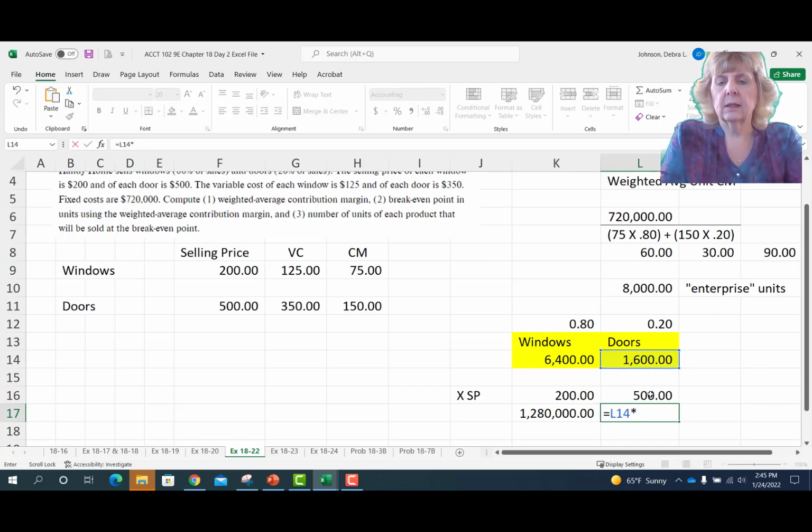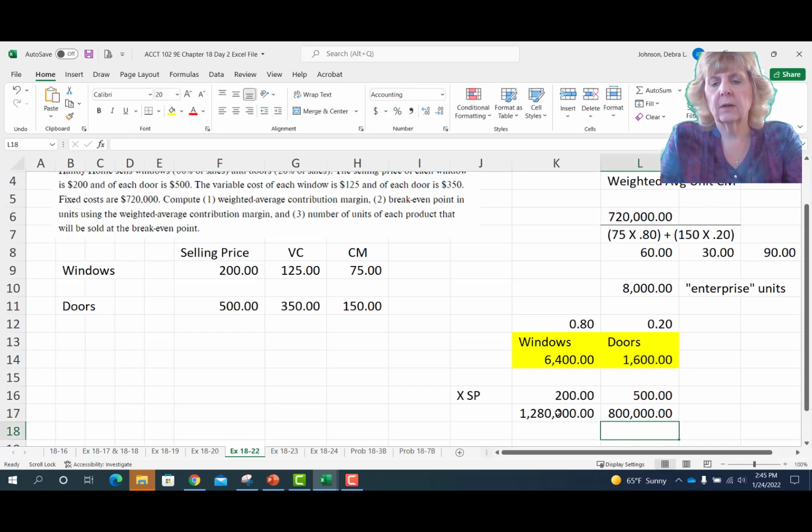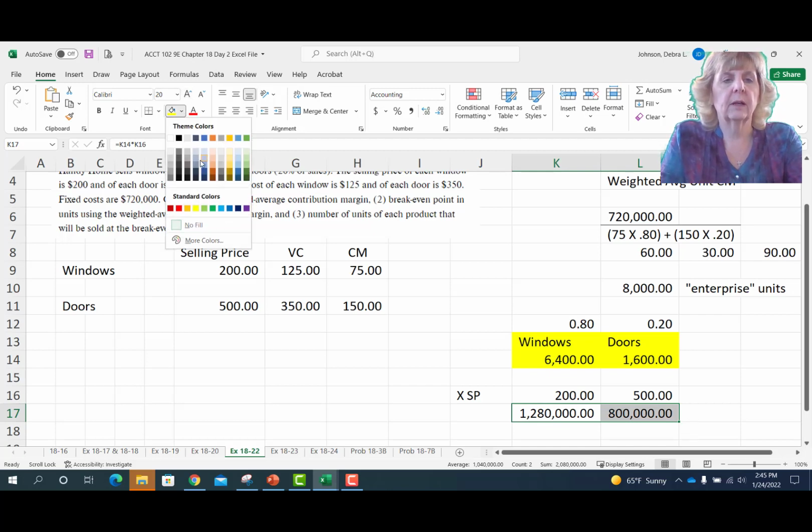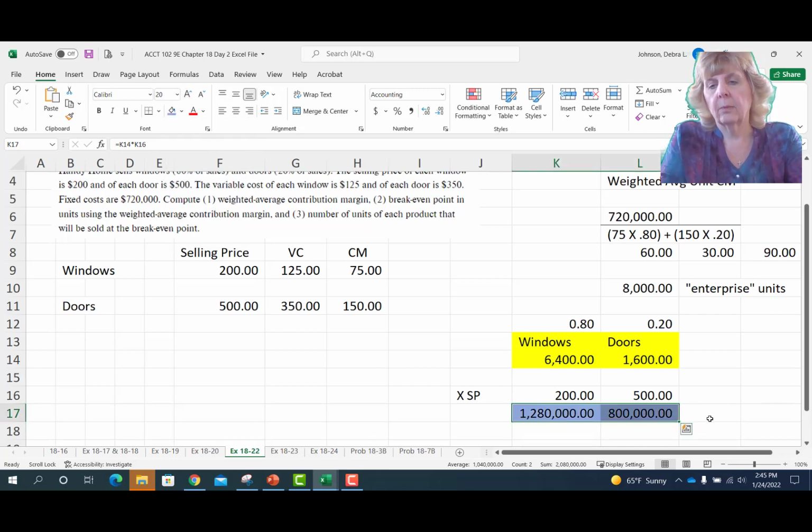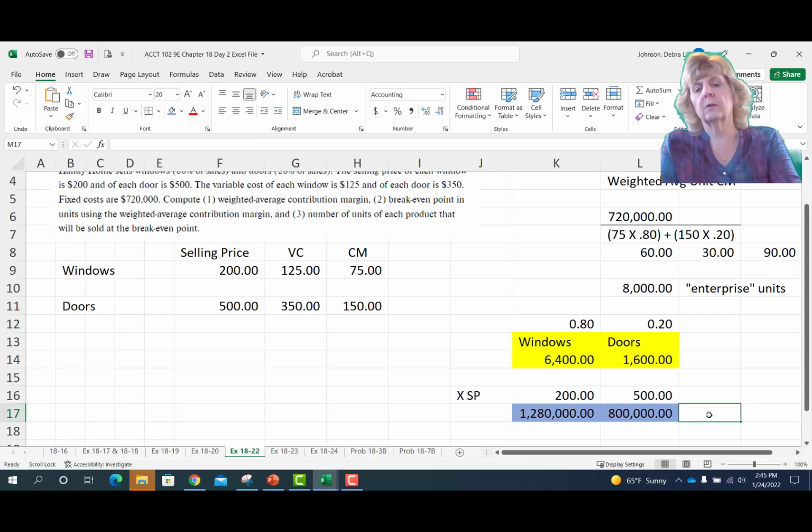And based on that sales mix percentage, that would give us $800,000 in doors. For some reason, if they asked you for total sales at the break-even point, you could simply sum those blue numbers up. So expect to see a problem related to multi-product break-even points, and try the next exercise, which I'll display the answer to momentarily.